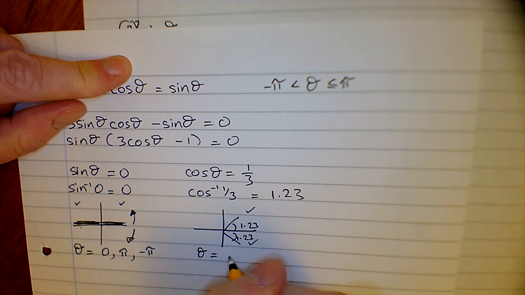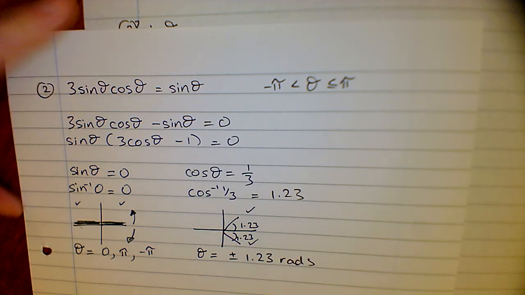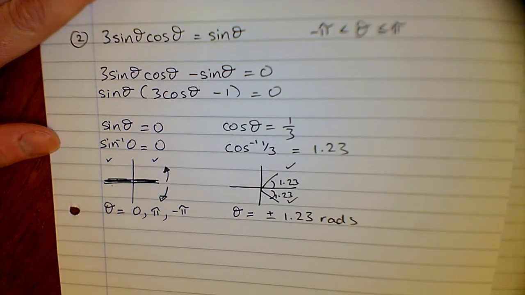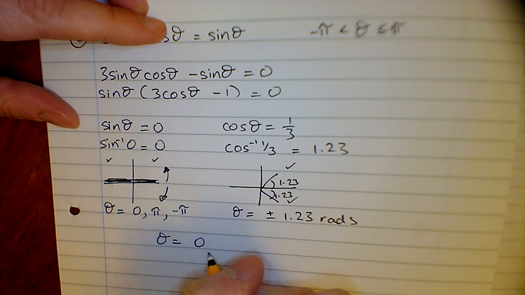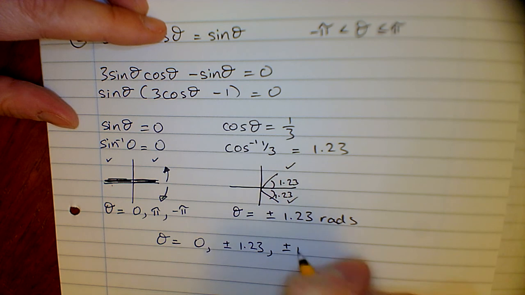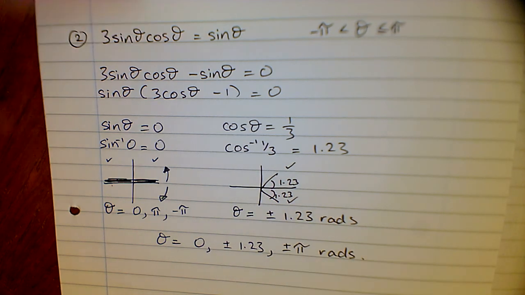So our answer would be plus and minus 1.23 radians. And then in an exam, make it nice and clear for the examiner. We've got naught, we've got plus and minus 1.23, and we've got plus and minus pi radians.